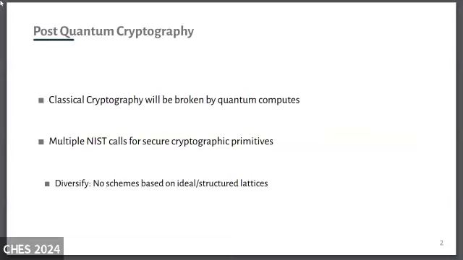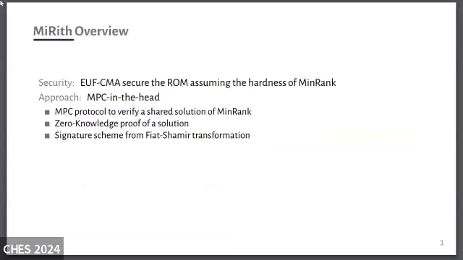And obviously we want those schemes to be secure, but additionally we want to diversify the landscape, so we want schemes not based on ideal or structured lattices. And that's why we are proposing Mirith.